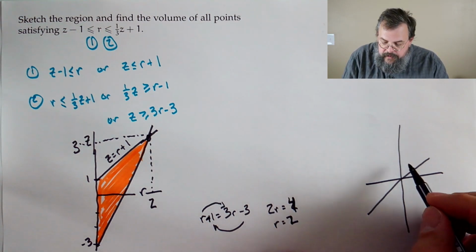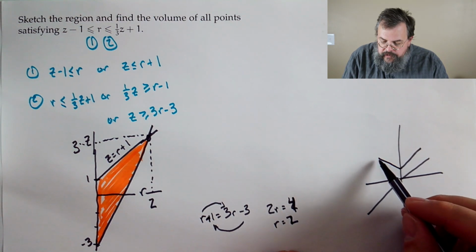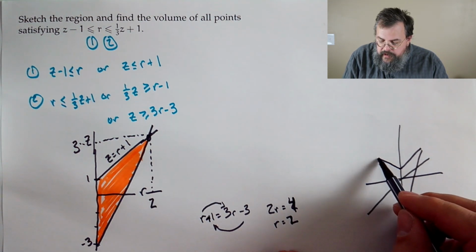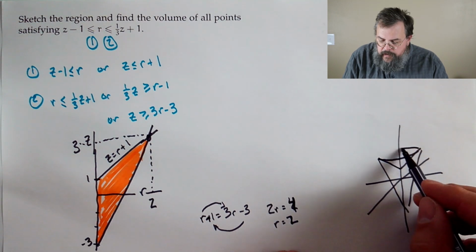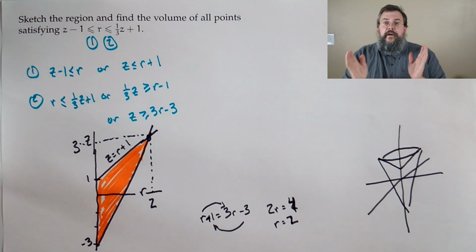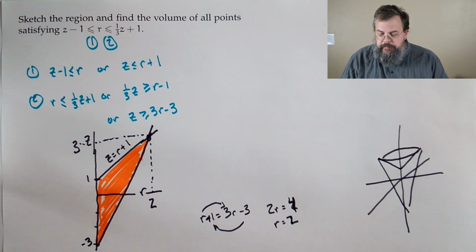So we have a cone sort of drilled out of another cone. So that's our basic shape. A big cone with a small cone missing at the peak.